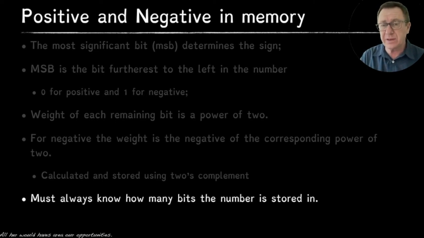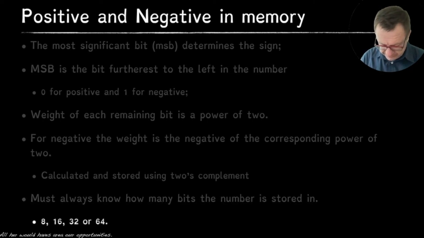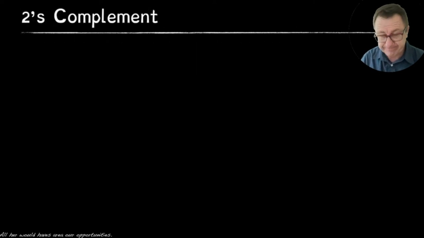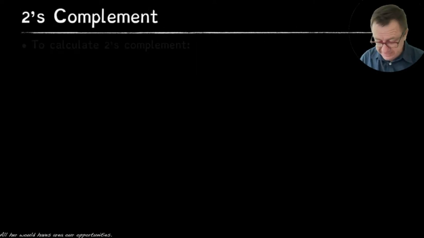This becomes really important because our most significant bit to the left is actually used for sign, not for the calculation. So are there 8, 16, 32, or 64 bits? Really important.